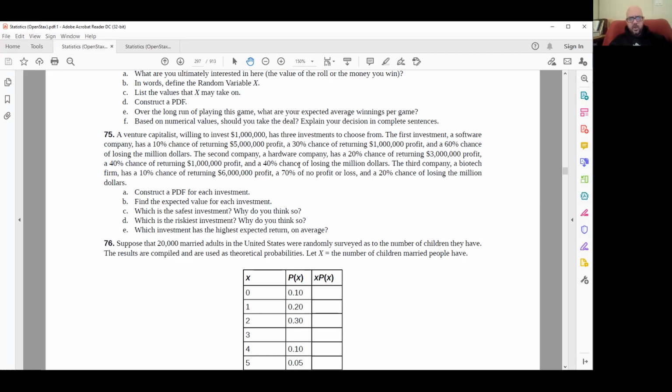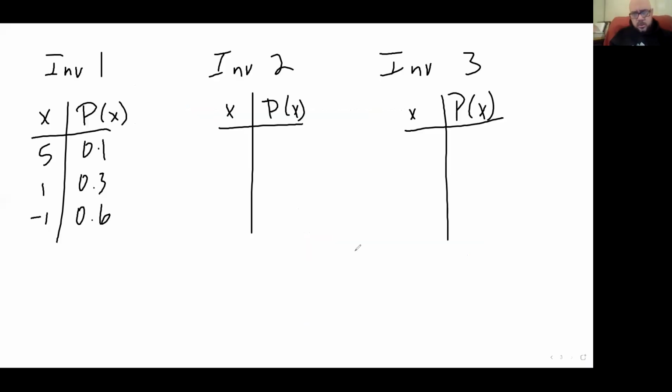So we've got 3, 1, -1, and it is 20, 40, 40. So 3, 1, -1, with 0.2, 0.4, and 0.4.